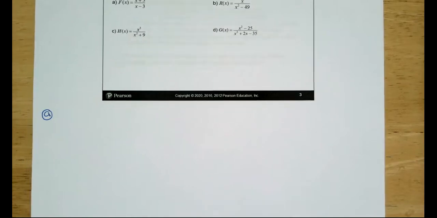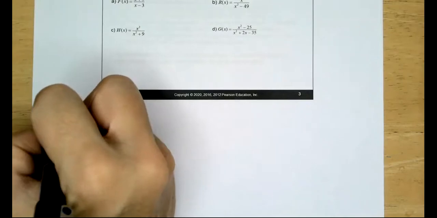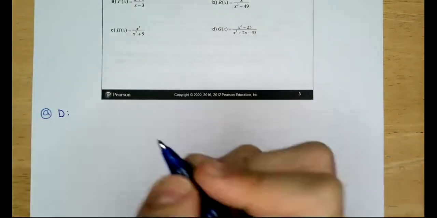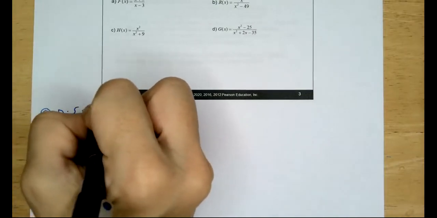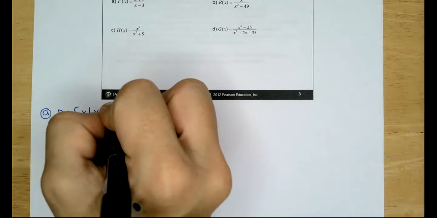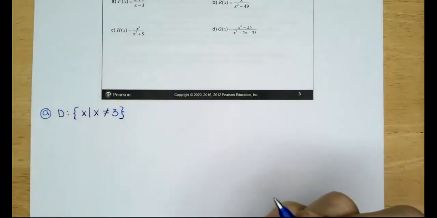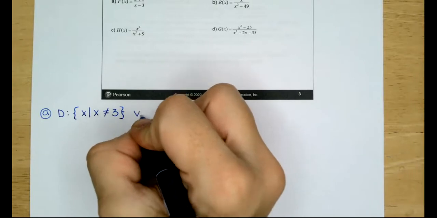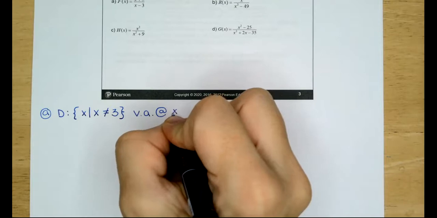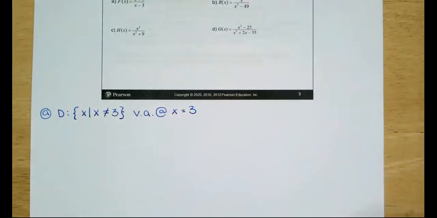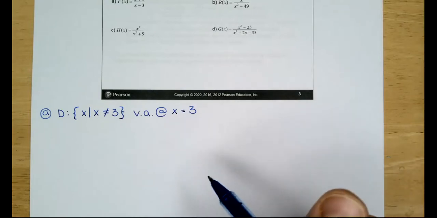The domain excludes any value that sets the denominator equal to 0, okay? So the domain here would be x such that x cannot equal 3, right? So our vertical asymptote is at x equals 3. The vertical asymptote is where the domain cannot be, okay?